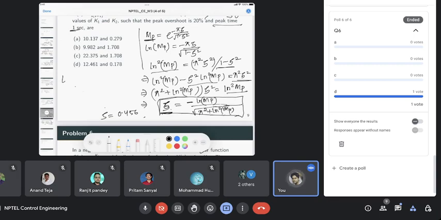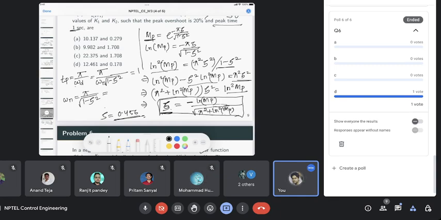The peak time formula is with omega d, you remember this formula. Peak time is given as 1 second. So that means omega n will be pi by the square root of 1 minus zeta square, and this is the zeta value, right?